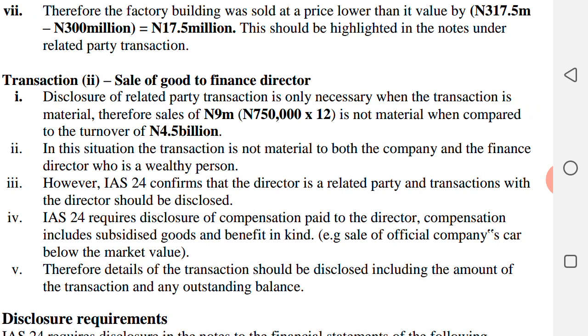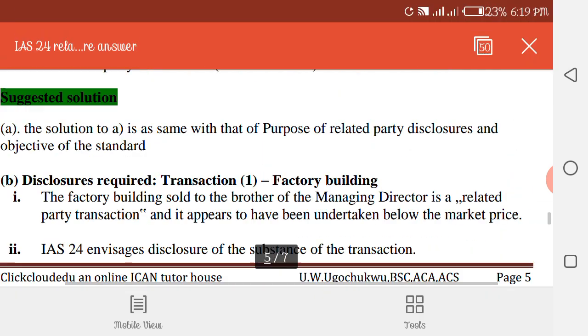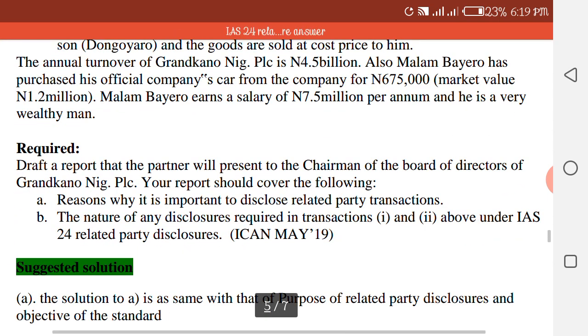What is the total amount of the goods in a year? It is 9 million, and we are given the revenue of the company, which is 4.5 billion. When you look at it, the 9 million is very insignificant. It's not material. So we don't have to disclose this 9 million because it's insignificant.